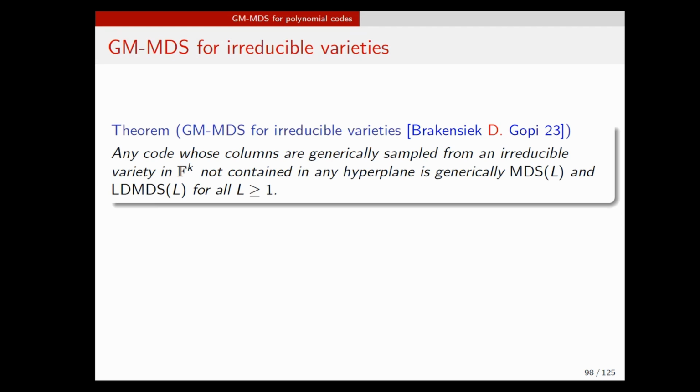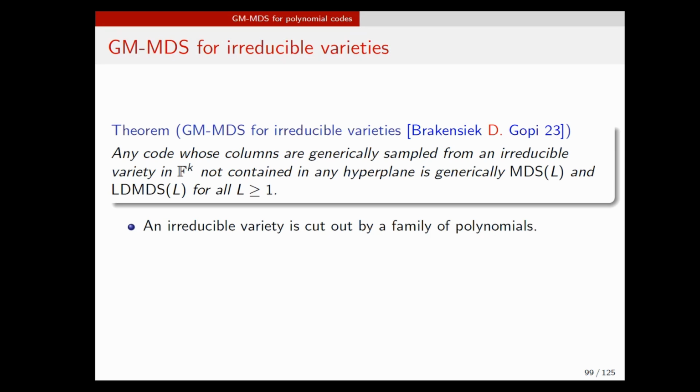If you have never seen this, maybe you can just ignore this slide, but basically we prove a GM-MDS theorem for those, saying that if you have a code whose columns are generically sampled from an irreducible variety, and this code is MDS, which basically boils down to saying that this variety does not lie on a hyperplane, then this code is also generically higher order MDS and also LD-MDS. So this will also achieve list decoding capacity and the MDS, higher order MDS property.